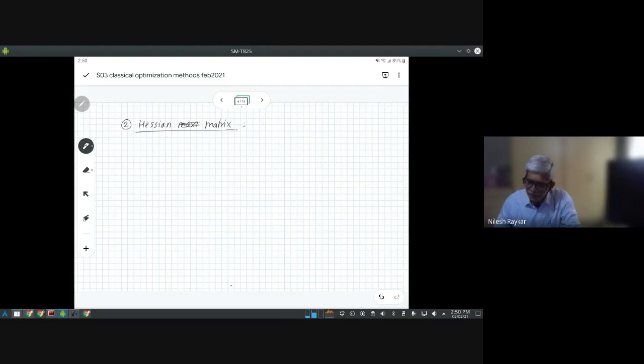So the Hessian is represented as the H matrix, which is an n by n square matrix, also represented as del square f or grad square f.